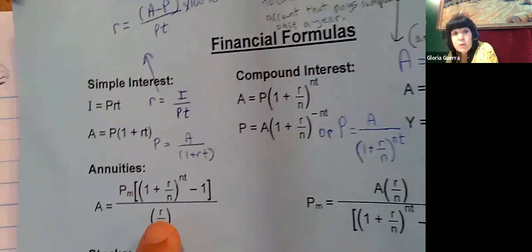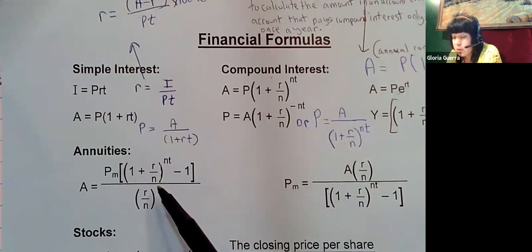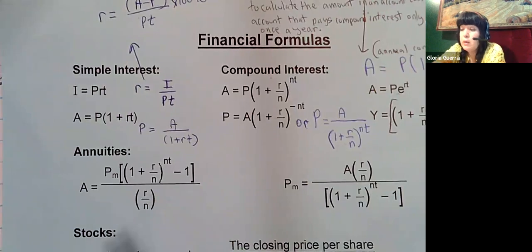One of the reasons why we're using the annuity is that it says it's an IRA. That's a keyword, part of a retirement annuity.